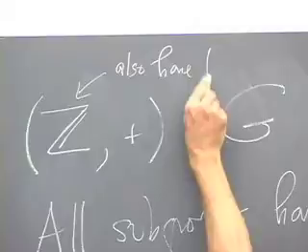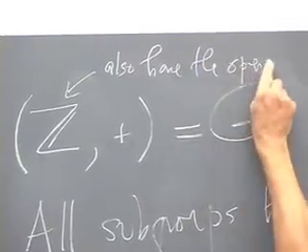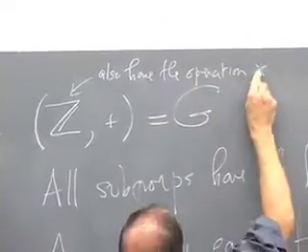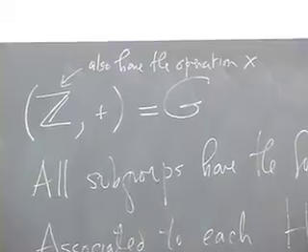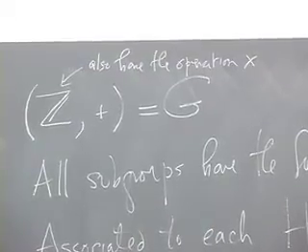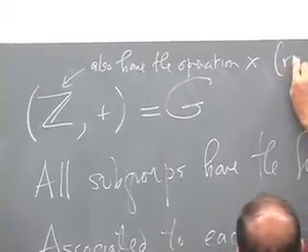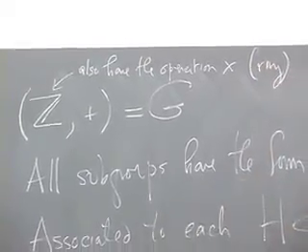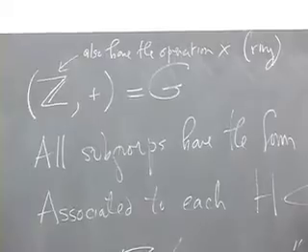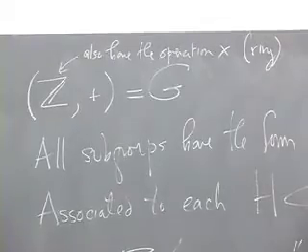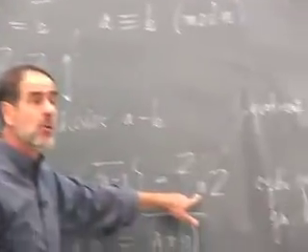have the operation times. And when you have both a group addition and a multiplication structure, and they're suitably compatible, that's what we call a ring. And we're going to get to that, I promise you, this term. And in fact, this quotient group also has the structure of a ring.